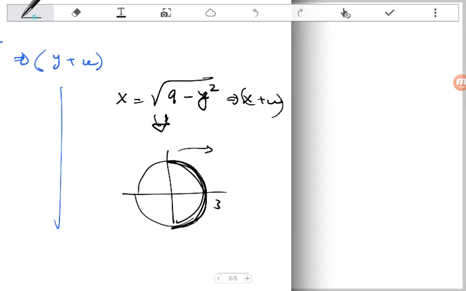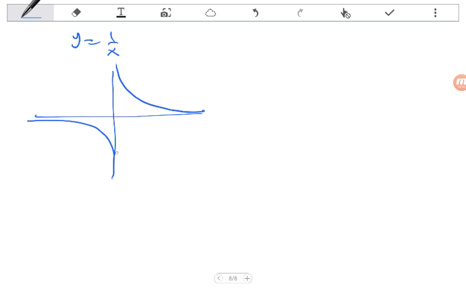Okay? Some other graphs, like the power functions. We have known that before, from y is equal to 1 over x. 1 over x is graphed like this. We have to know these graphs.